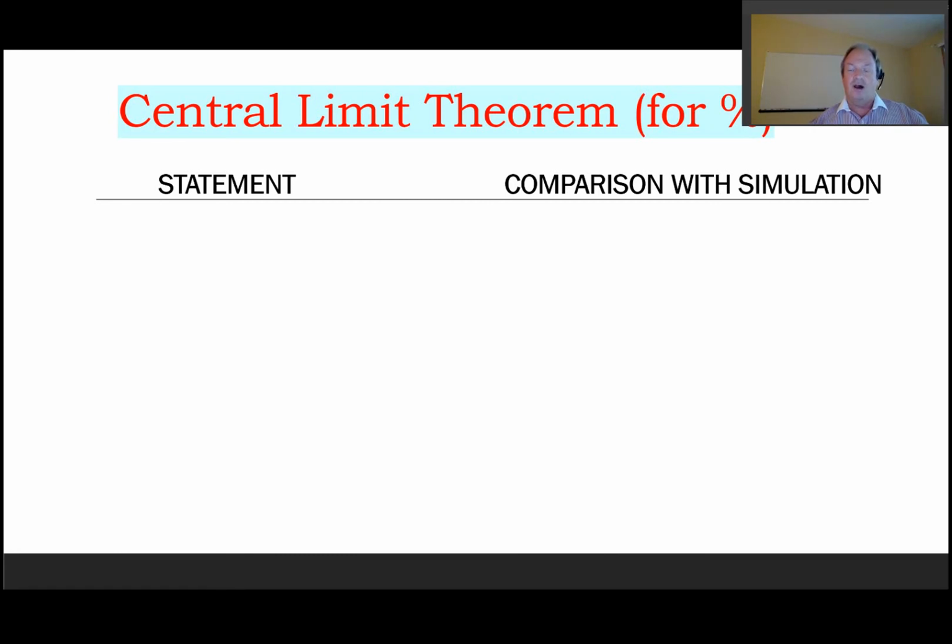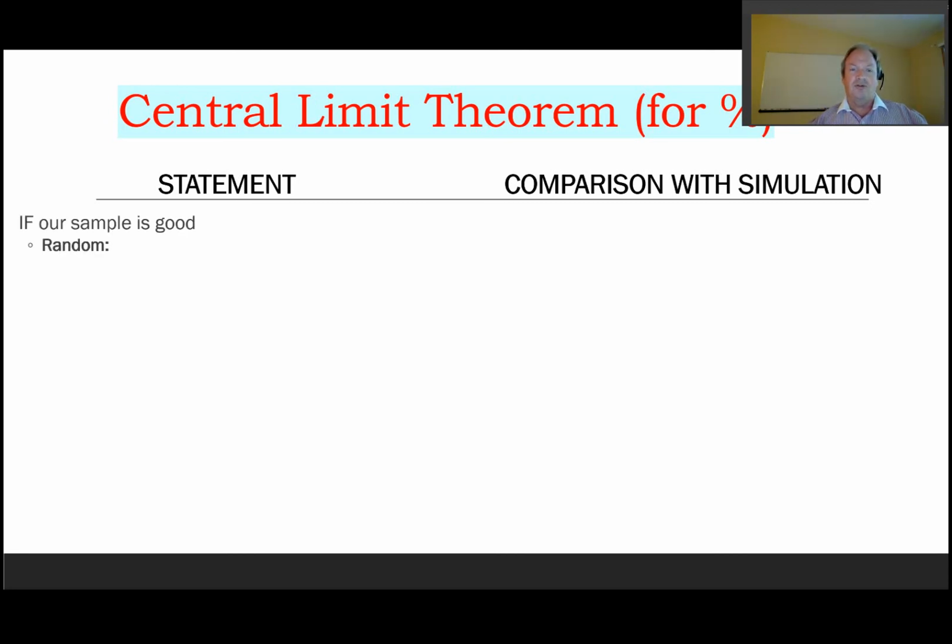If we did not have this fact, we could really not do any meaningful statistics. The statistics we could do would be very, very limited. So first I'm going to state the central limit theorem on this left-hand panel, and then we're going to compare what's predicted from the theory with what we saw from our simulation.